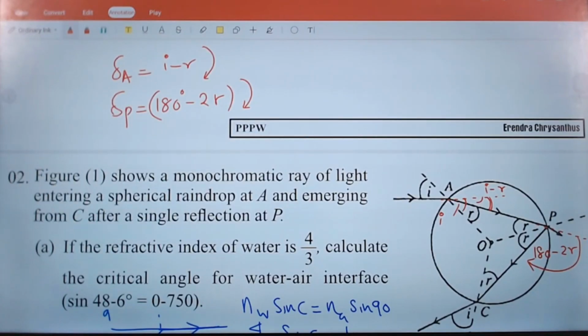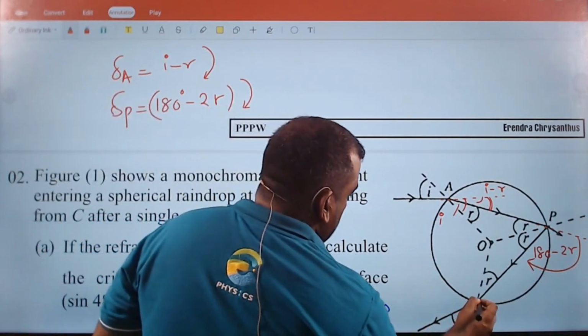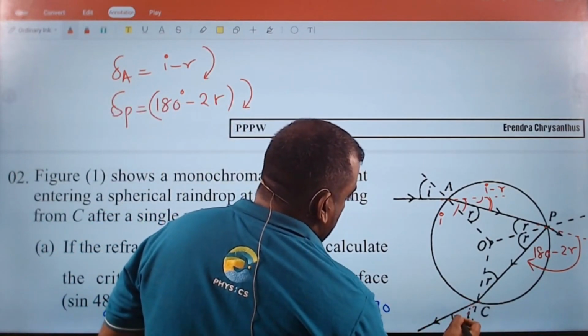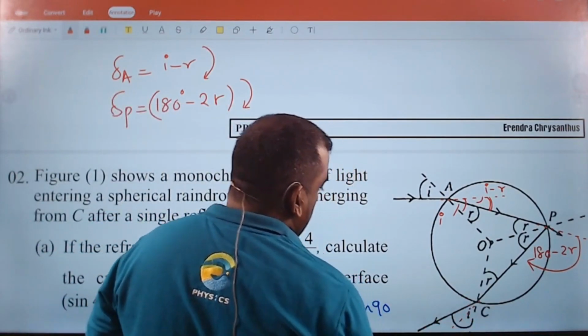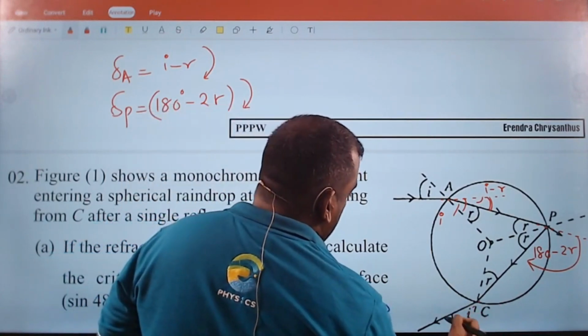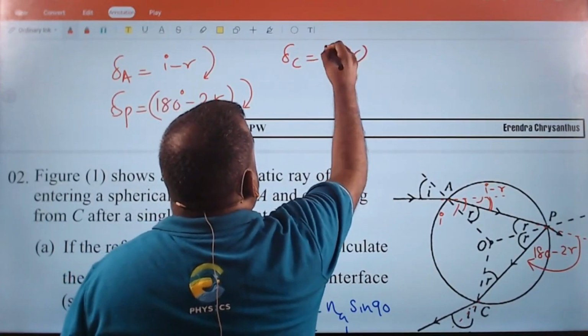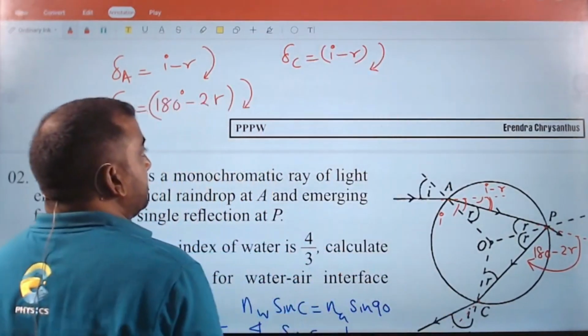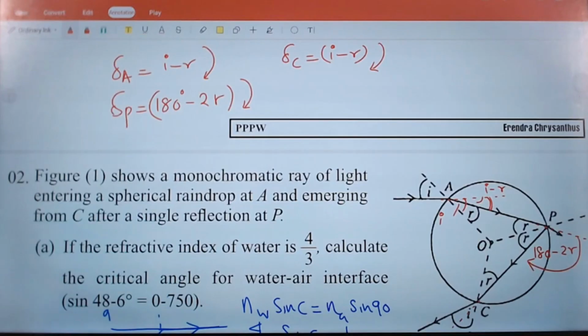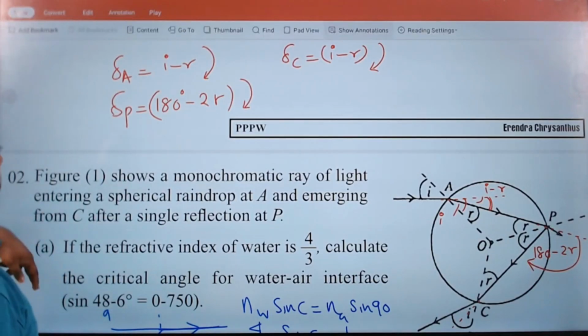Angle of deviation at C. Extend the light ray, here R. Here R. The angle of deviation at C is I minus R, also continuously clockwise. So we can go and fill it there.